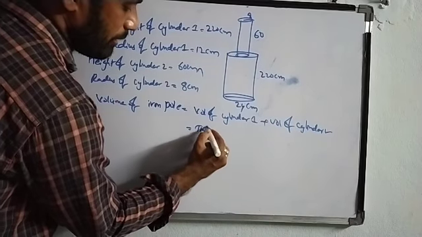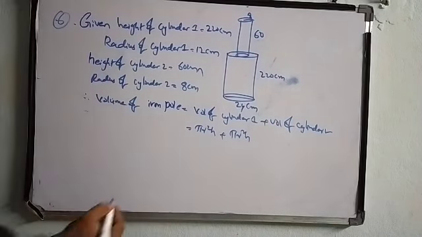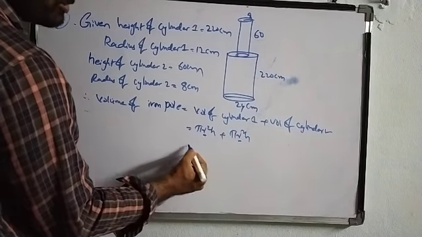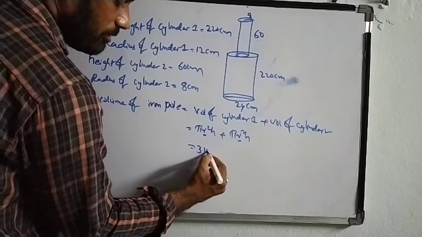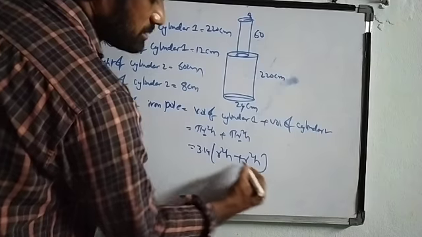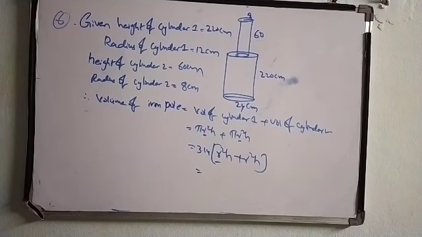So that is pi r square h plus pi r square h. See here, the radius of the first cylinder and the second cylinder are different, so we can take only the pi value as common, and moreover this question gives the pi value as 3.14. So r square h plus r square h. Substitute the values, you will get the volume of the iron pole.